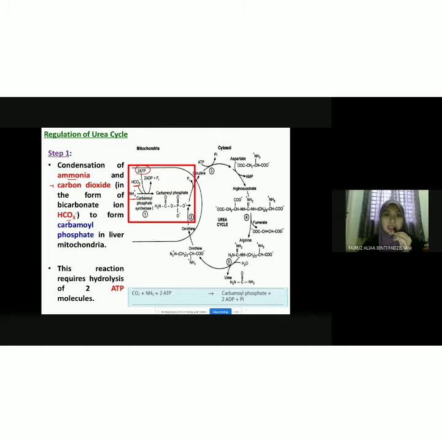You see, it uses ATP here, and then it becomes the carbonyl phosphate. The enzyme is optional, no need to remember. If you want to remember, can, but not so required. The most important thing is you remember the molecules involved: ammonia, carbon dioxide in the form of bicarbonate ion, ATP, and become the carbonyl phosphate. Any question?